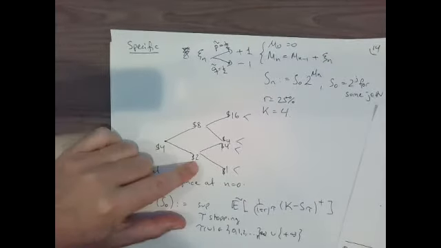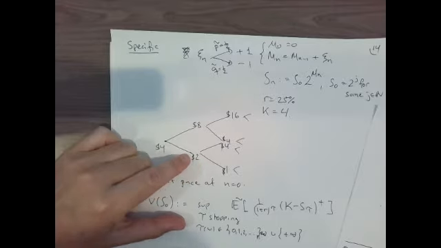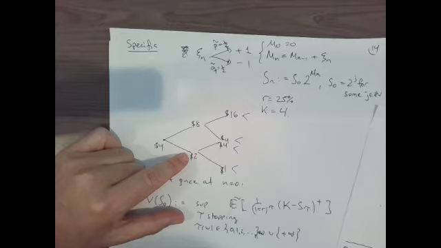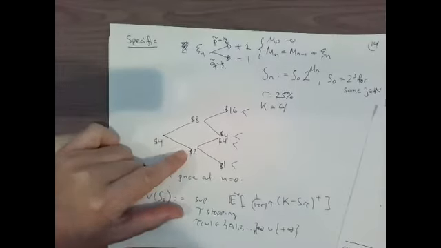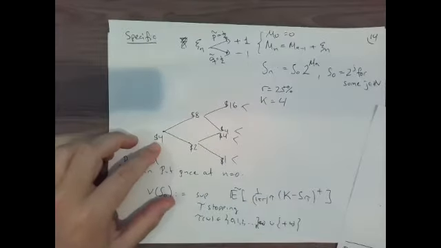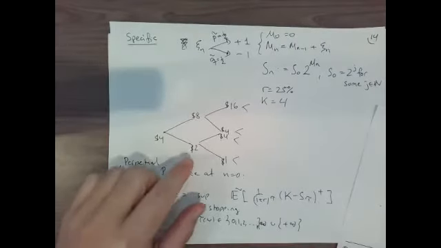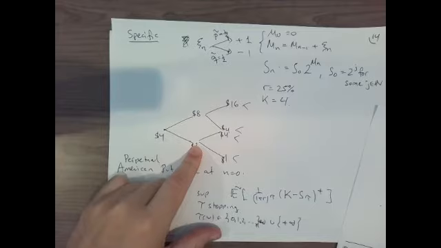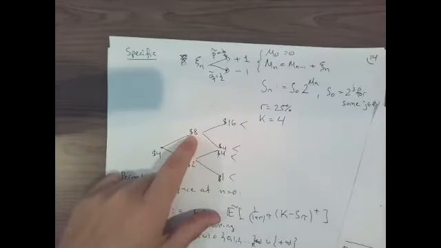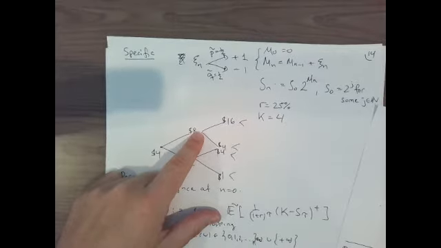It could also go to 2, right? So I don't think we want to exercise at time 0, right? We're going to get 0. But what about here? Do we want to exercise if it gets down here? Well, I don't know. Do we want to exercise if we get up here, or it goes up to 8? I don't want to exercise.